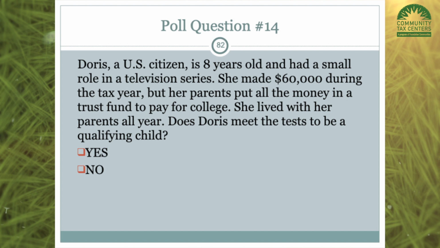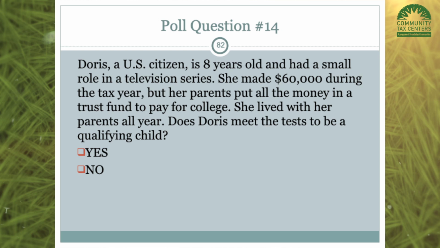Okay. Doris, a U.S. citizen, is 8 years old and had a small role in a television series. She made $60,000 during the tax year, but her parents put all the money in a trust fund to pay for college. She lived with her parents all year. Does Doris meet the test to be a qualifying child?